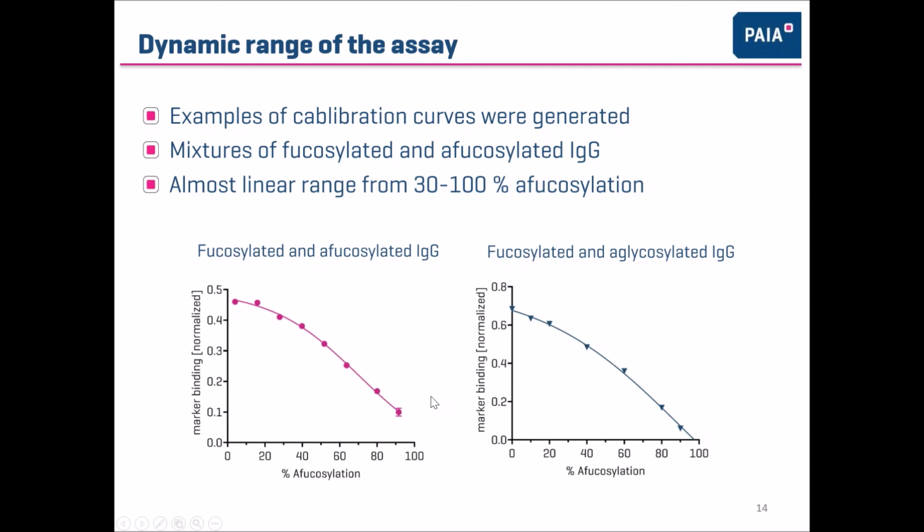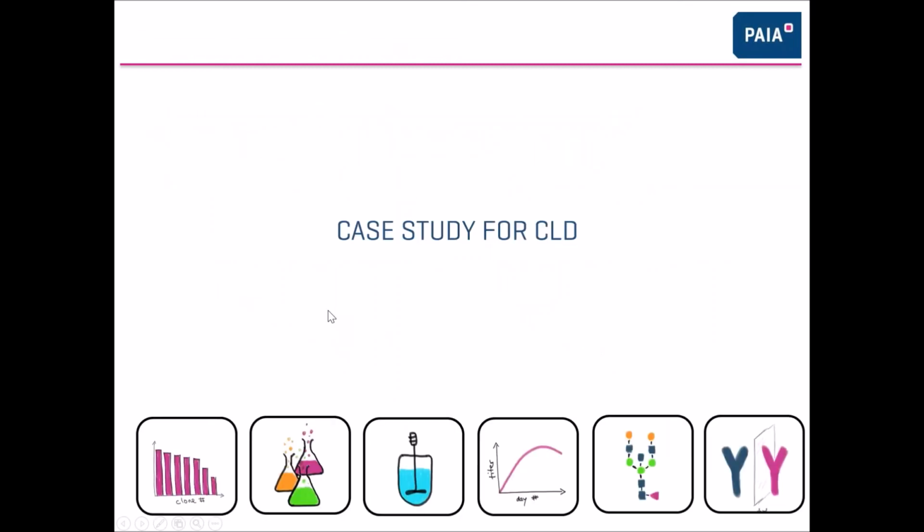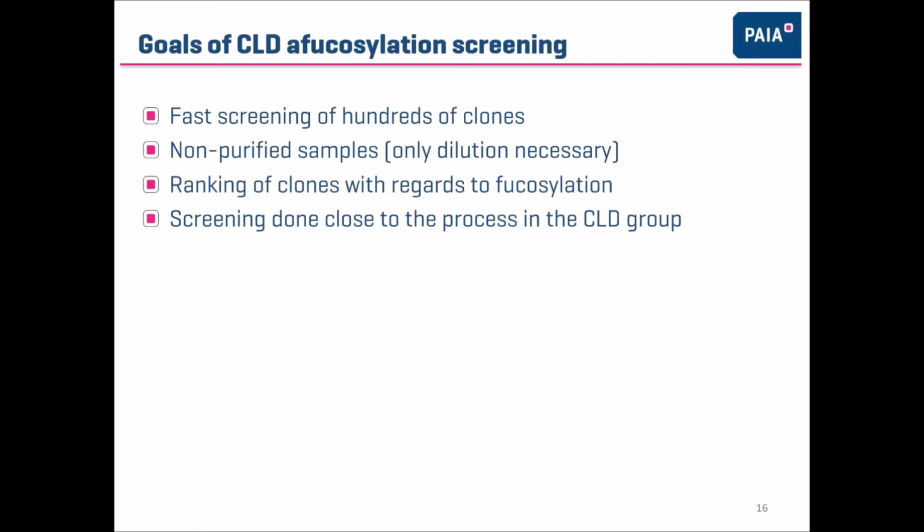Okay, so how do we apply these assays in a CLD screening process? So I want to show you an example of how we approach this. So first of all, what are the goals for afucosylation screenings in CLD?